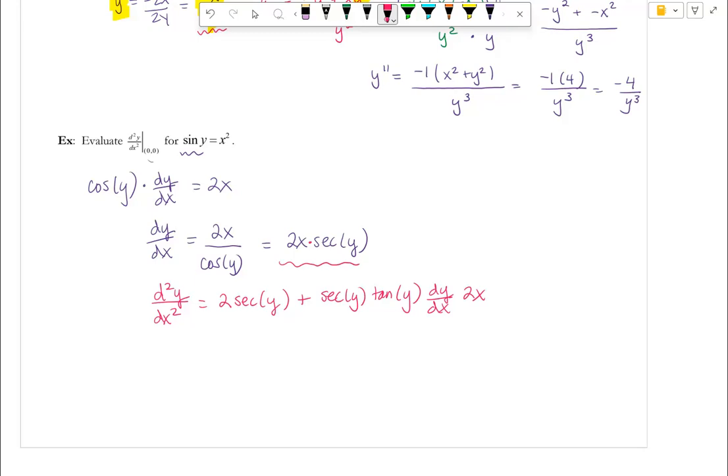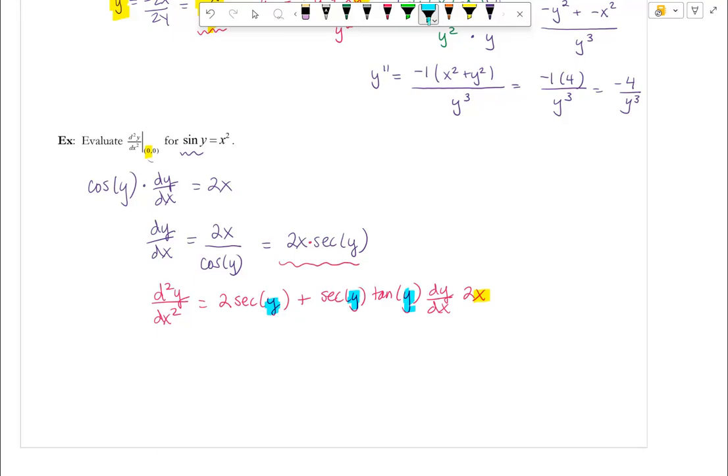Okay, this is looking a little icky here. We can clean this up, but I want to go back to what our prompt is asking us to do. It's asking us to evaluate our second derivative when x equals 0 and y equals 0. So everywhere I see an x, I'm going to plug in a 0, and everywhere I see a y, not a y prime, but a y, I'm going to plug in a 0.